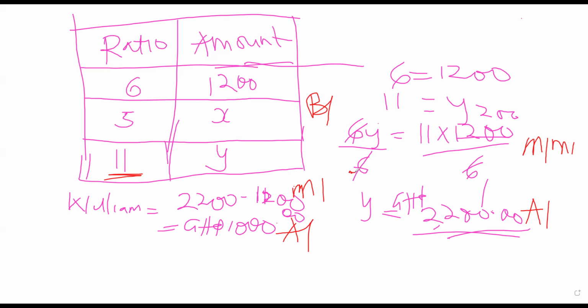So after we found William's share, we are going to find the interest. William is investing 1,000 for 2 years, and the rate is 20 out of 100.